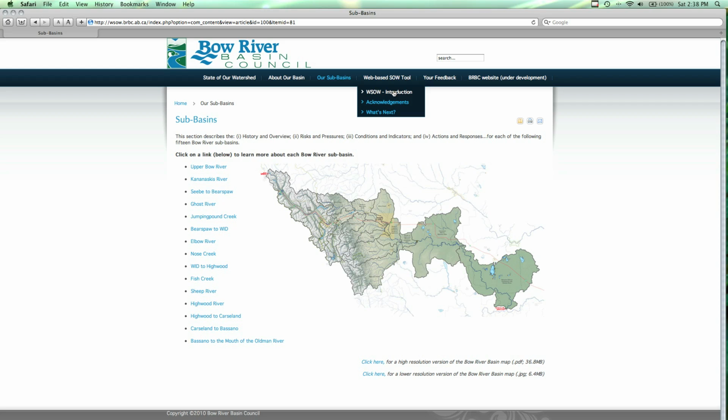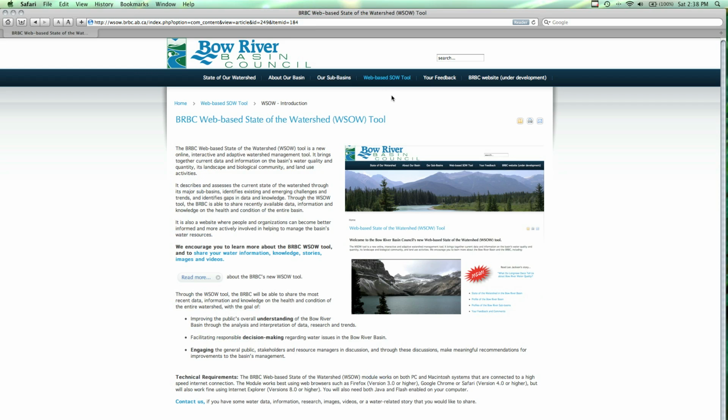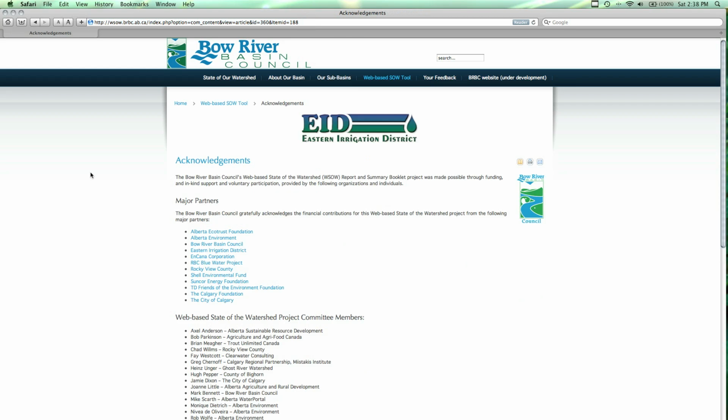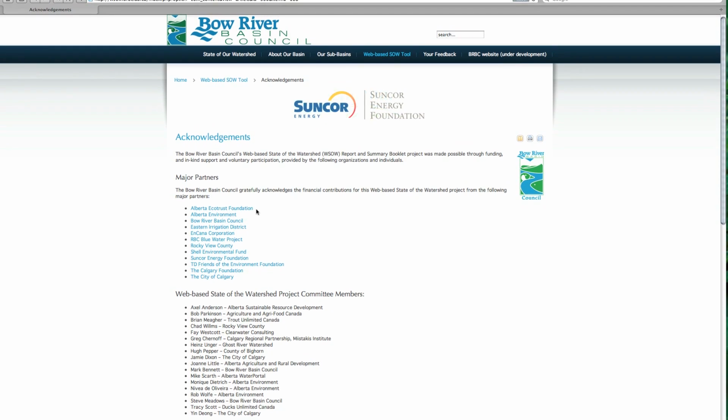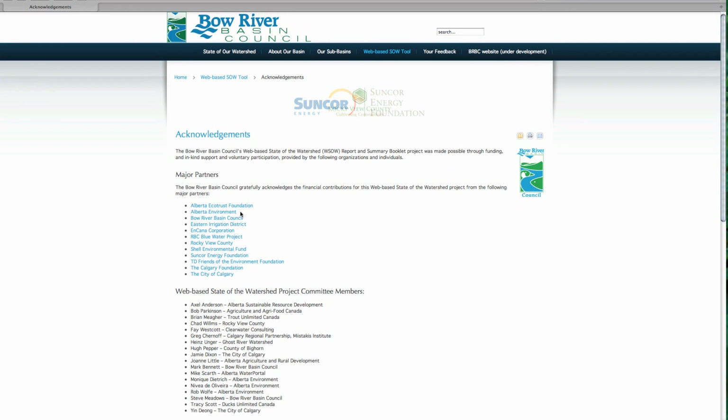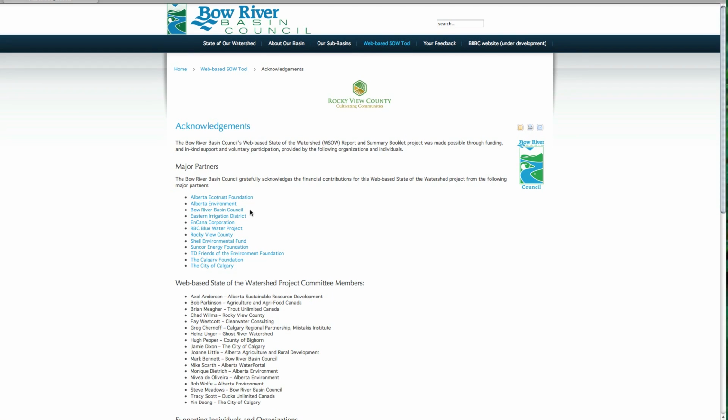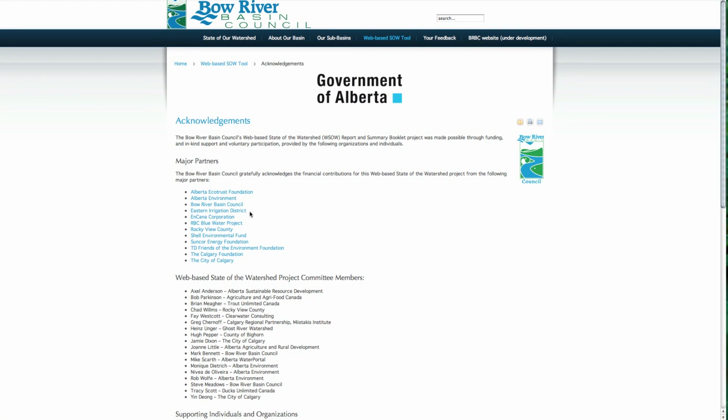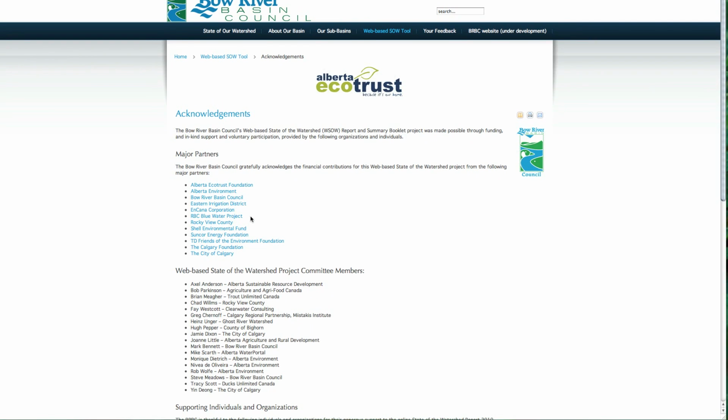The next section provides an introduction to the web-based State of the Watershed tool itself. It also recognizes and acknowledges the financial contributors to this project, including Alberta Eco Trust Foundation, Alberta Environment, the Bow River Basin Council, Eastern Irrigation District, Encana Corporation, the Royal Bank of Canada Blue Water Project, Rocky View County, Shell Environmental Fund, Suncor Energy Foundation, TD Friends of the Environment Foundation, the Calgary Foundation, and the City of Calgary.